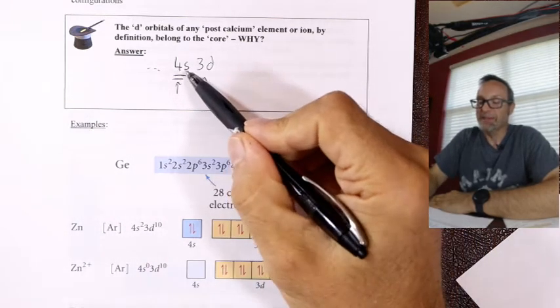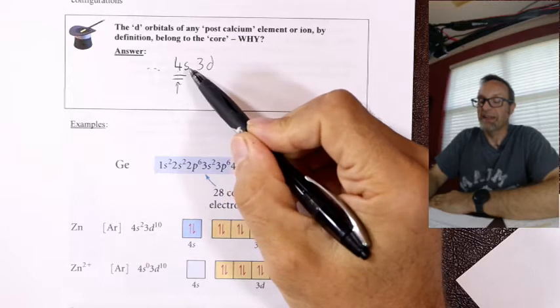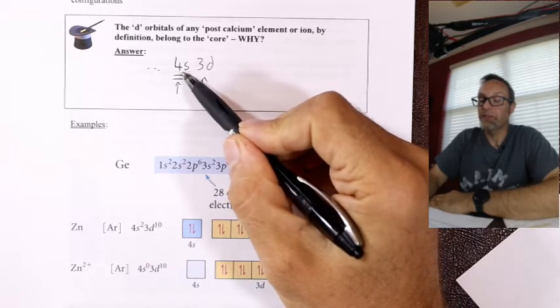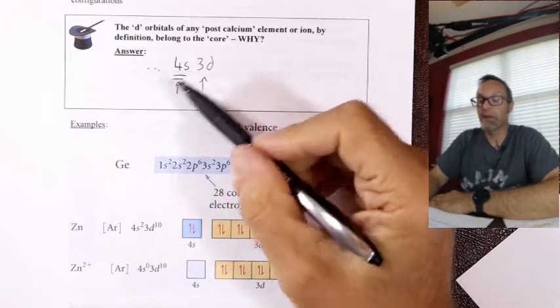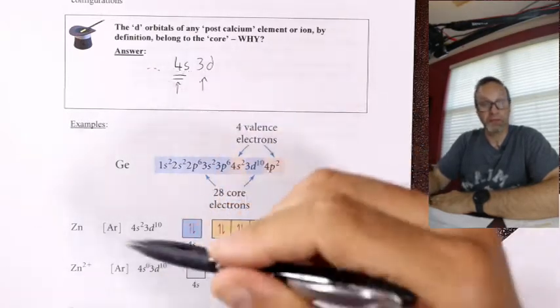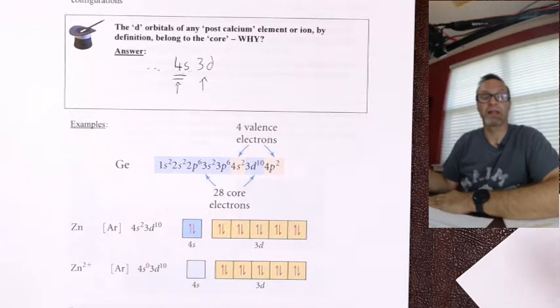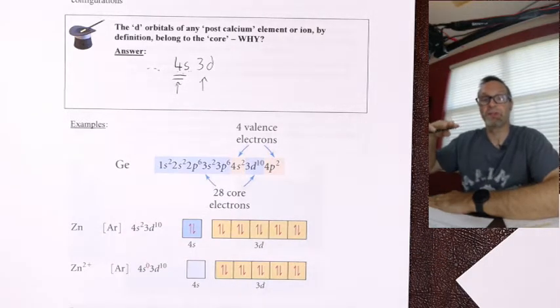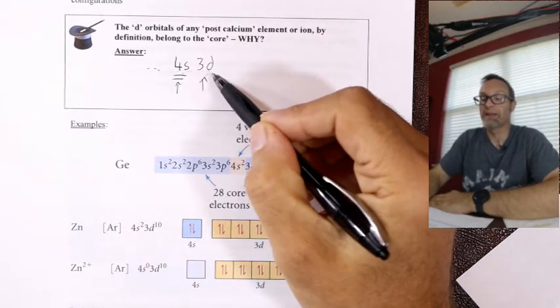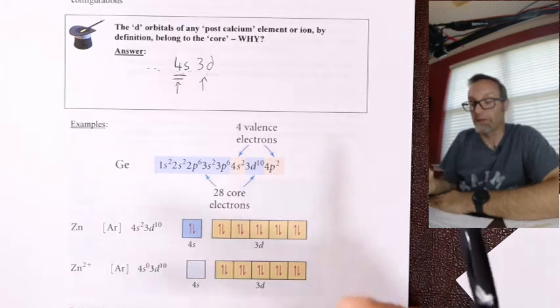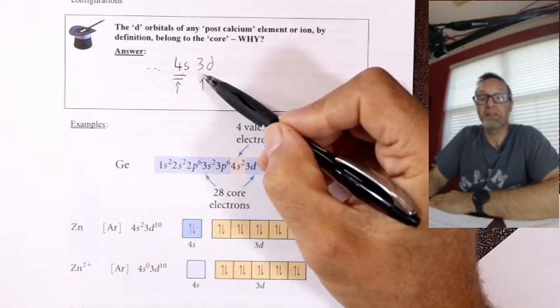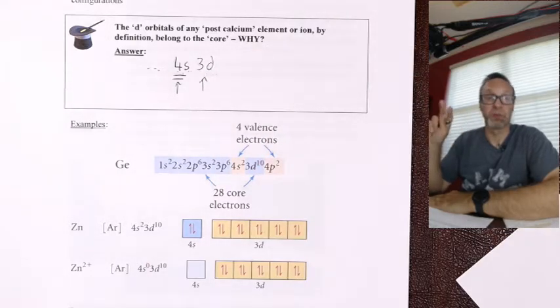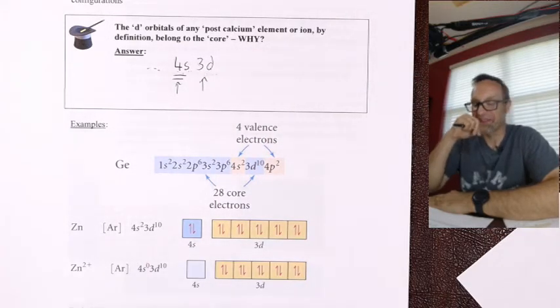Because the valence layer is actually the 4s, which fills before the 3d. So after we've filled the 4s, we start filling that 3d up to 10 electrons. Up to 10 electrons are actually subsurface, if it makes sense, from an address point of view. So that means we have partially filled pseudo core electrons, which is kind of interesting.